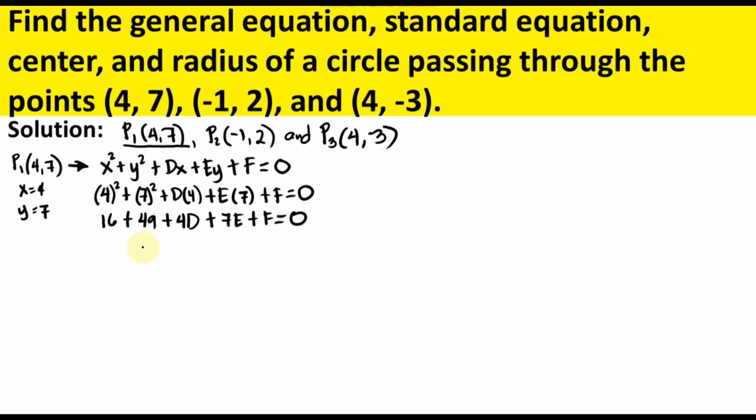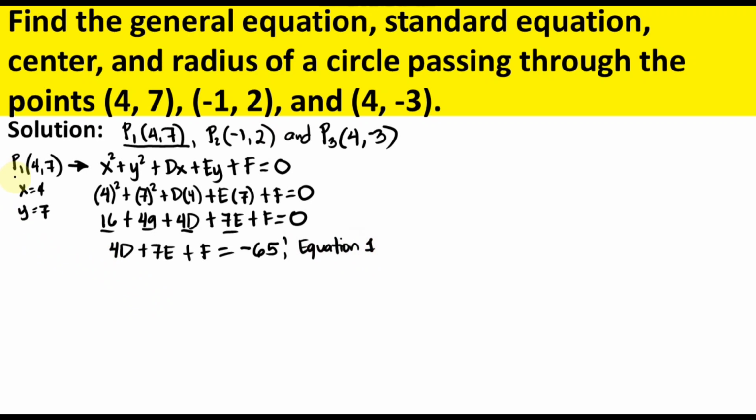We have 4d, una yung 4d, then plus 7e plus f equals 14 plus 49, that is 65. Sorry, 16 plus 49, that is 65. So positive 65, i-transpose natin sa kabila, magiging negative 65. Ito na yung equation 1 natin. Equation 1.